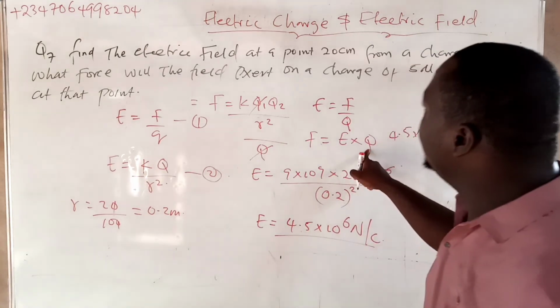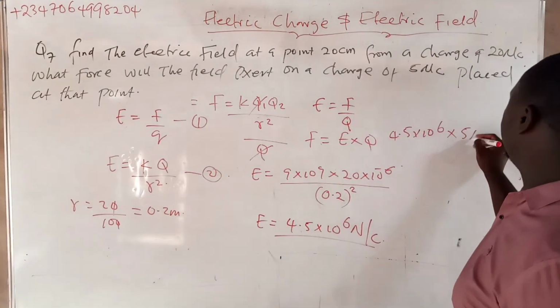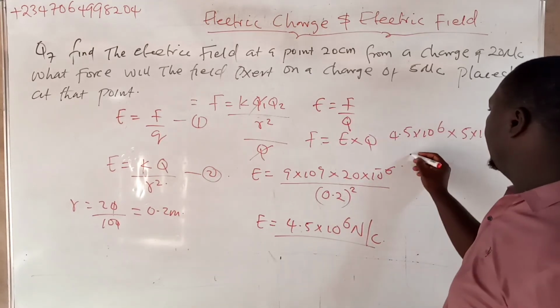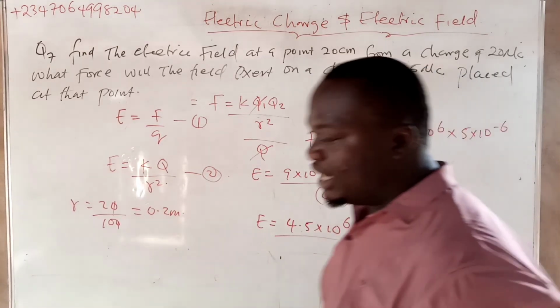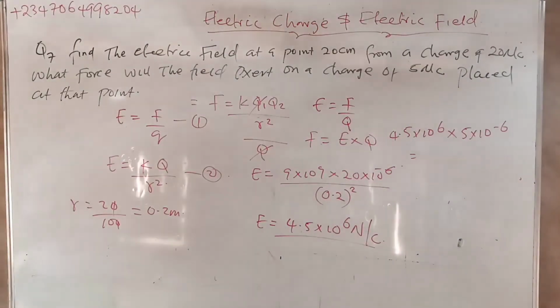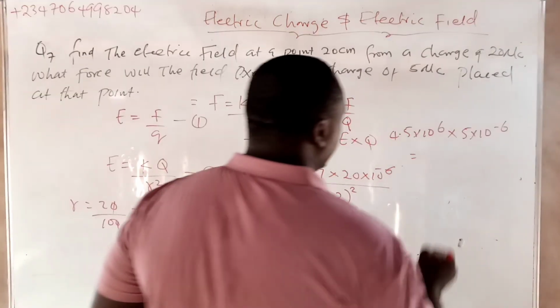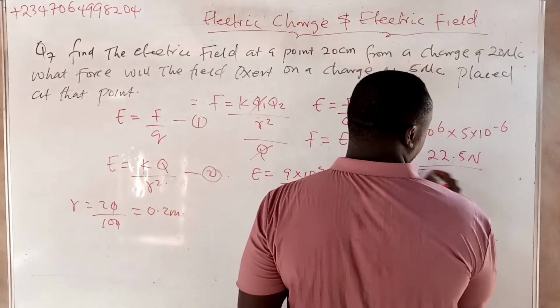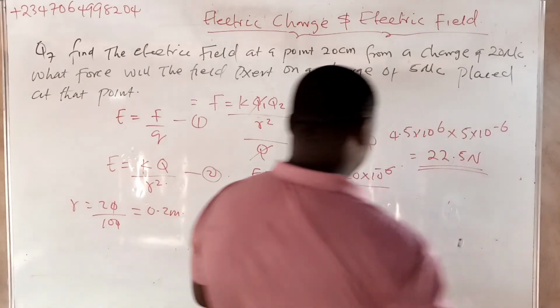You now multiply it by the charge, which is 5 times 10 raised to the power of minus 6. Whatever it gives you should be the answer, which is 22.5 newtons. And that is the answer for that.